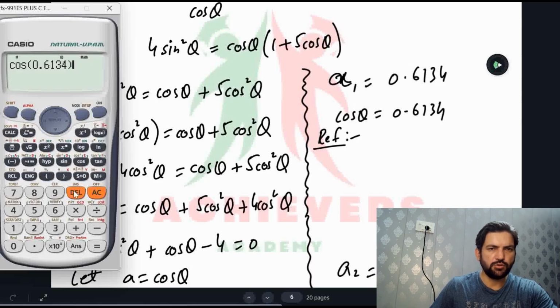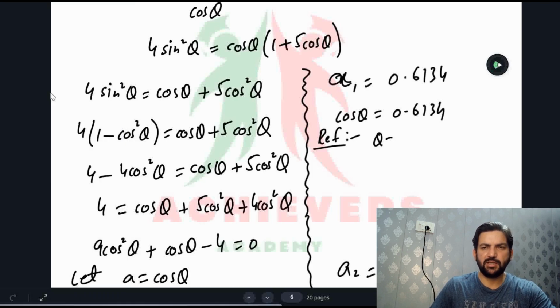Shift cos inverse of 0.6134. So your reference angle will be 52.16, which is 52.2.